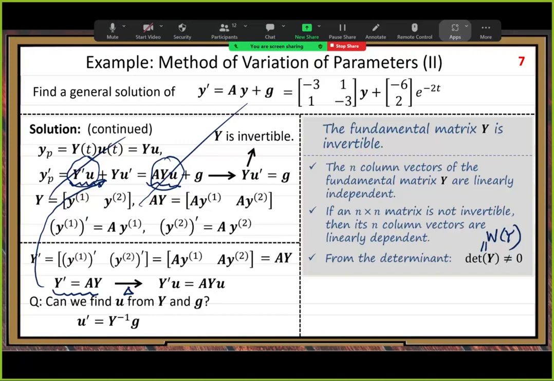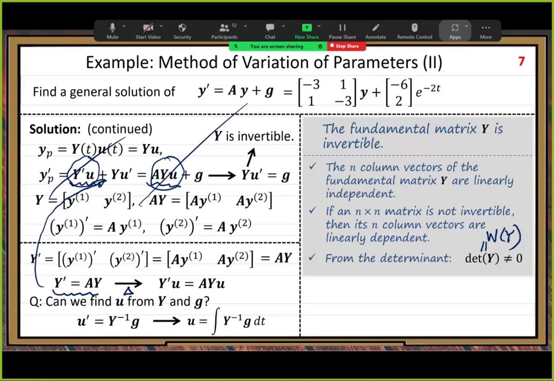Then with g multiplication, we can find the u vector. To find u, we take the integral of this known vector, Y inverse times g. We take integration of the known vector, so we get the u vector.